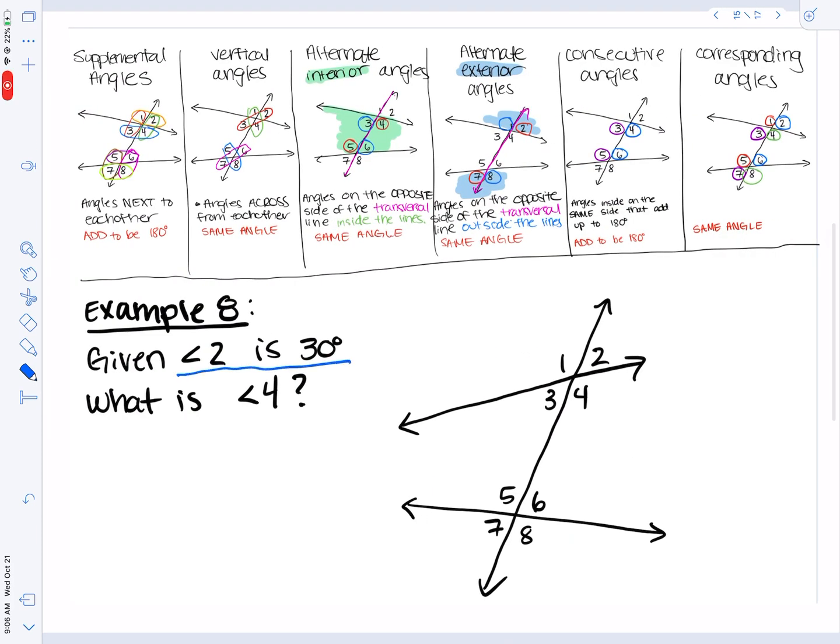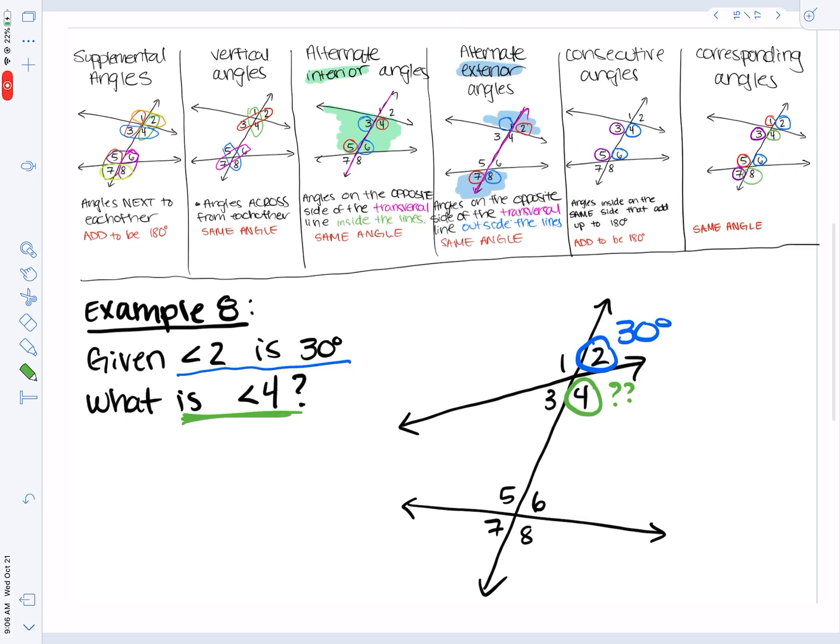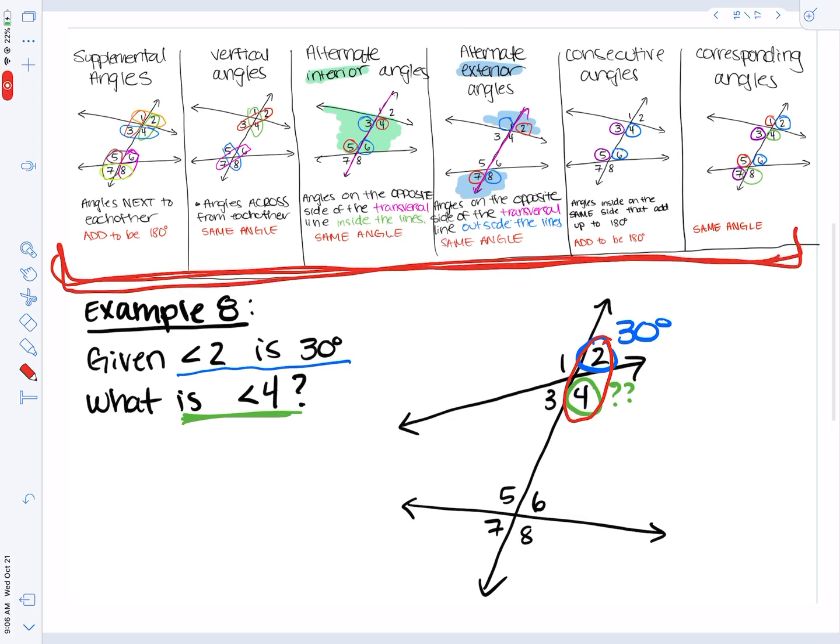Given angle 2 is 30 degrees, what is angle 4? Looking at these two angles, 2 and 4, what rule will I use? Very good. It's going to be supplemental angles because they're right next to each other.